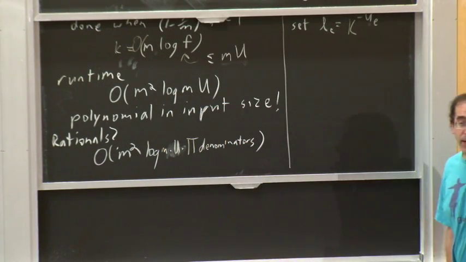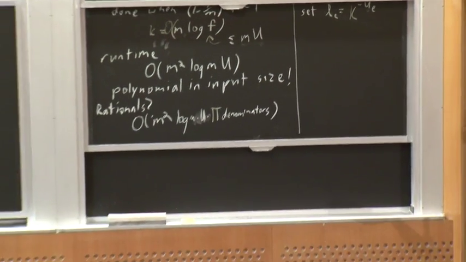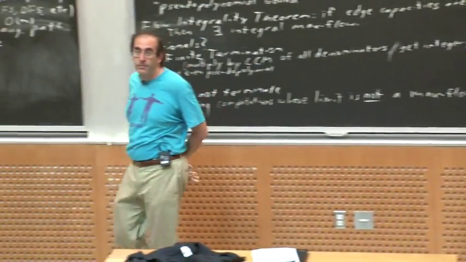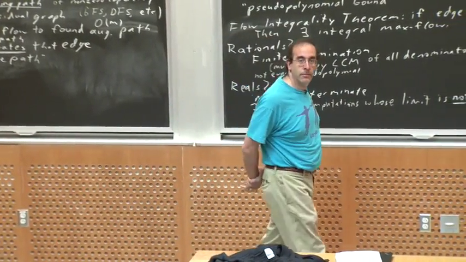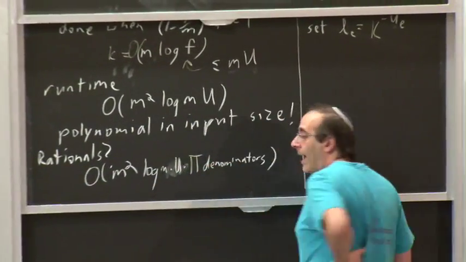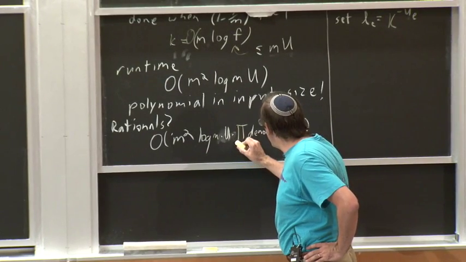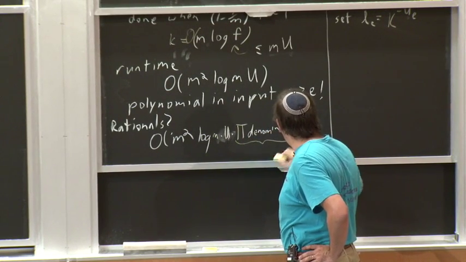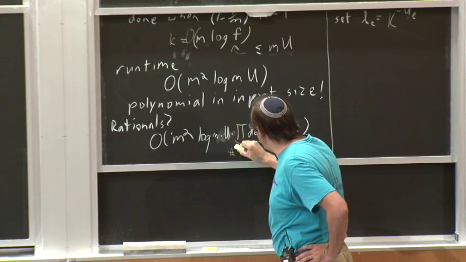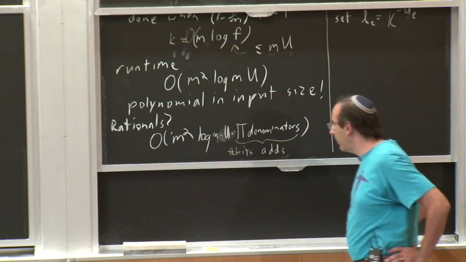Okay. How big is that number? Well, this is something that we're going to go over again when we look at linear programming and various sort of numeric issues. But notice that when you take a product of numbers, the number of bits needed adds. Right?